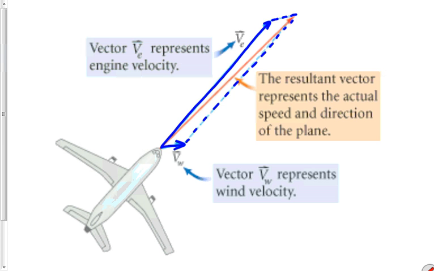And that resultant vector is the actual speed and direction of the plane, right? So we started with two vectors with different directions and different magnitudes, and the resultant vector, which ends up being the diagonal of the parallelogram, gives us the actual speed and direction of the plane.